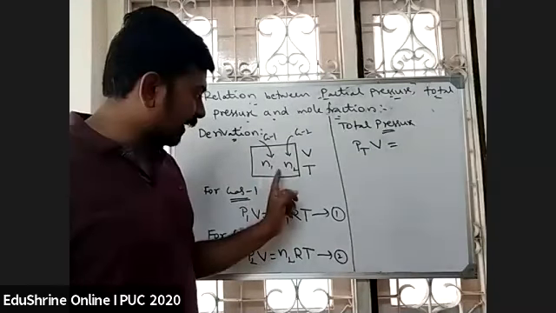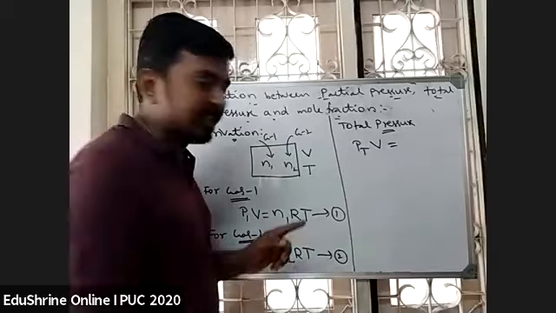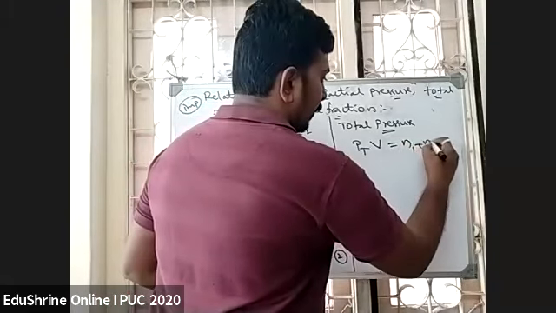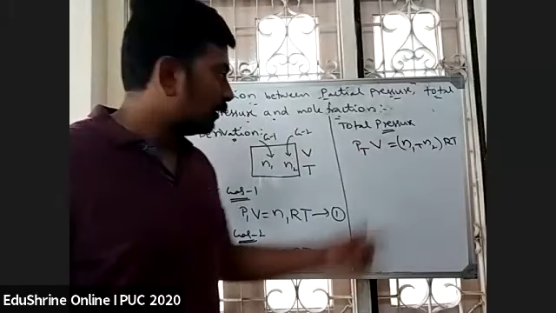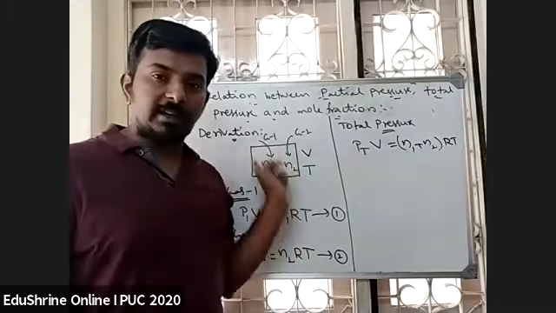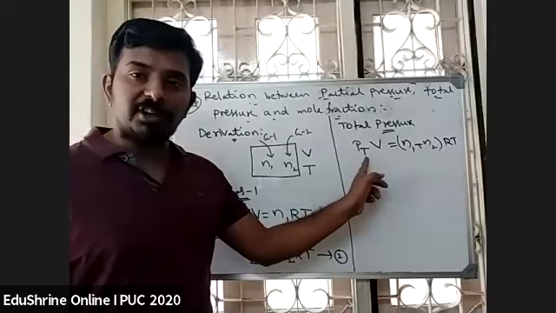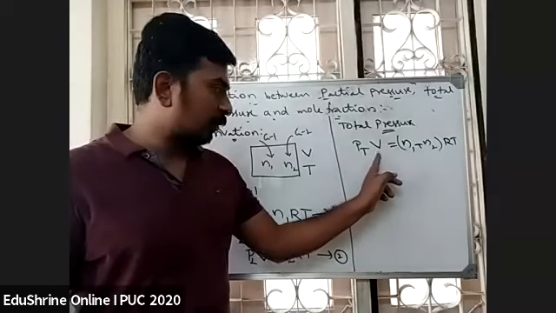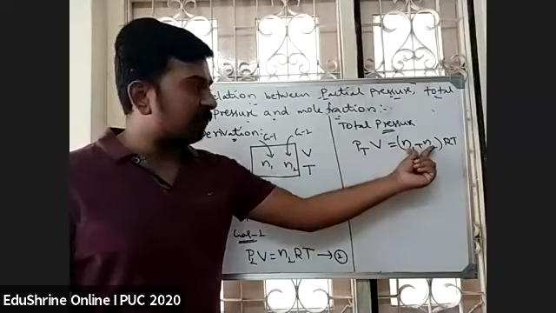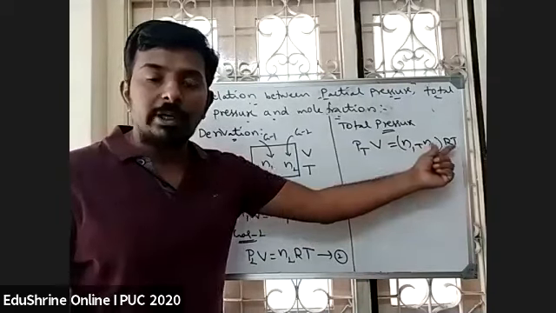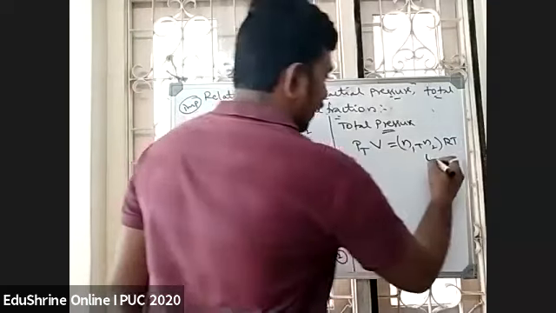In this total container, the number of moles will be N1 plus N2. So for the complete container, the total pressure PT into volume V is equal to, since there are 2 gases, N1 plus N2 into R into T. Let this be equation 3.